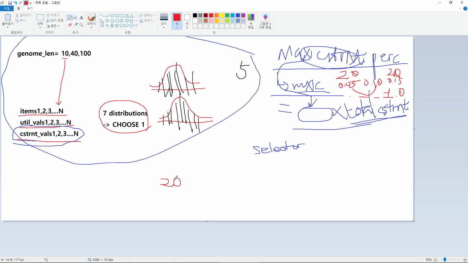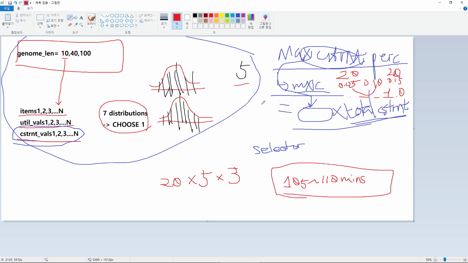So 20 max constraint values times 5 iterations of evolution, times 3 numbers for the genome length. The entire thing would usually take around 105 to 110 minutes. I really need to buy more professional gear for this. Anyway, so that's what happens.